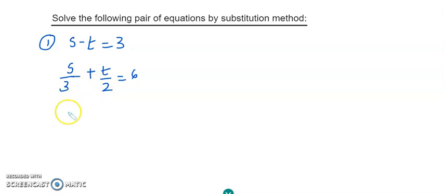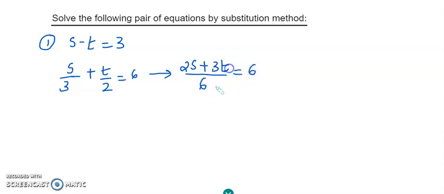So we have to rearrange the equation in such a way that we can work on it. The LCM will be 6. The denominator is 3 here, so we multiply by 2 up and down and it becomes 2s. Here we multiply by 3, so it becomes 3t is equal to 6.